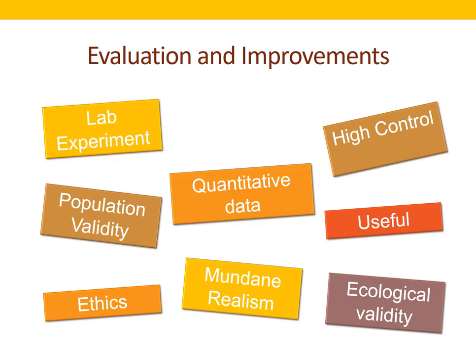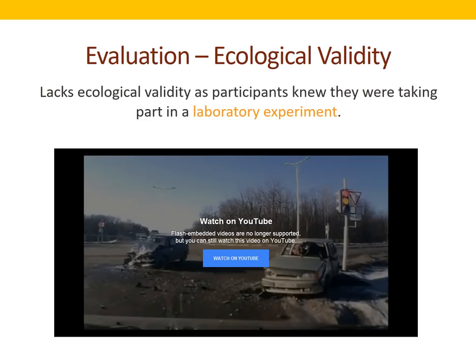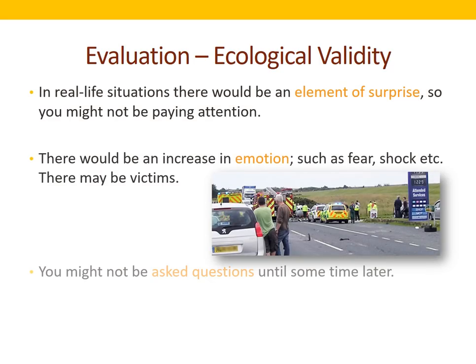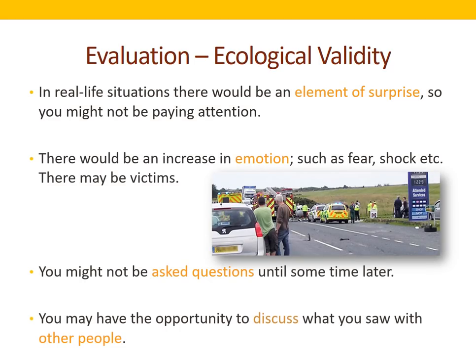We are going to evaluate the study in the lesson, but I'll just go through quickly a few points. So in real life situations, there will be an element of surprise. You would feel emotions. You might not end up recalling that information until much later in time. You would end up discussing this information with other people, and that would also change your memory.